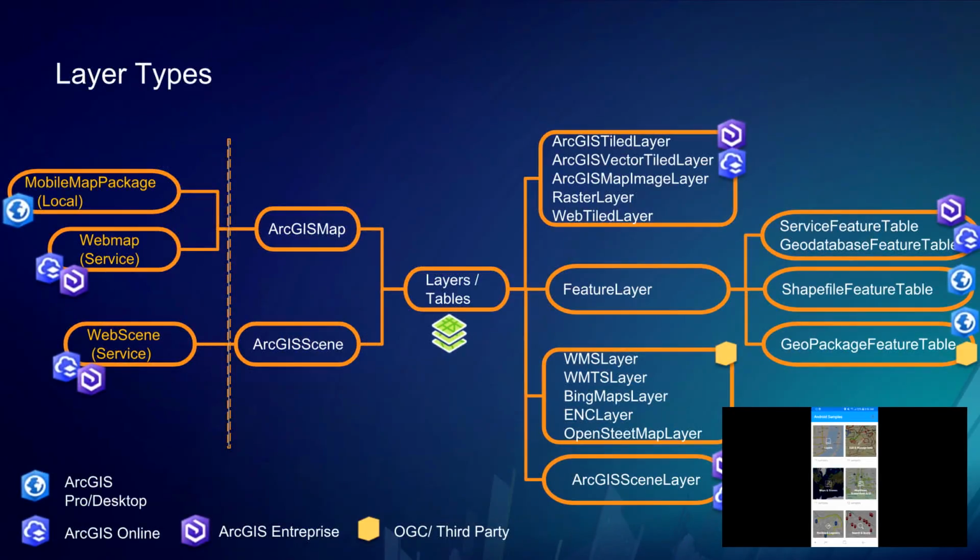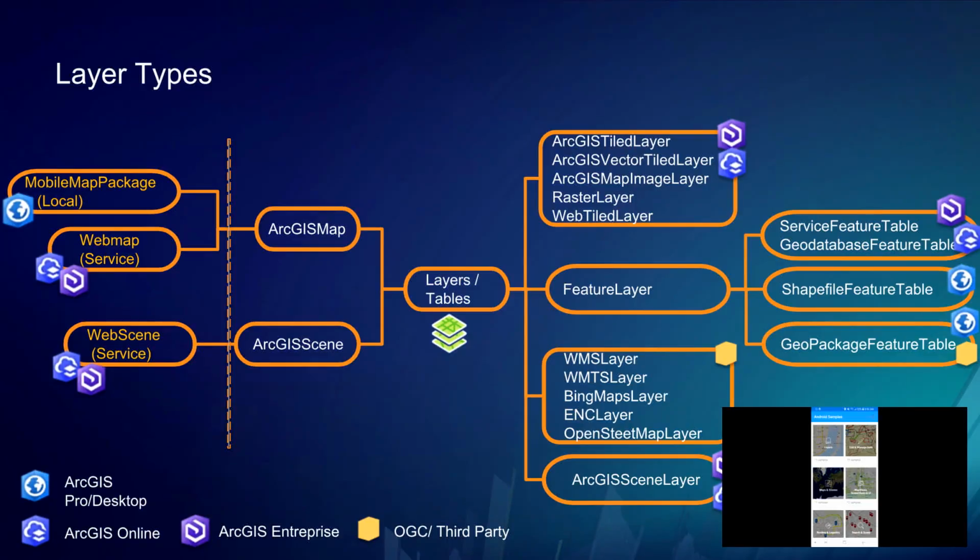And coming back to this old slide, for some reason the other HDMI is blocking it, but you get the overview of the different types of layers we support. We have the ArcGIS tile layer. We support vector tile layer, map image layer.